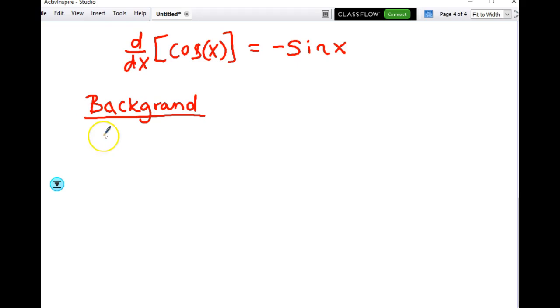But the one new thing is that cosine also has an angle sum formula.